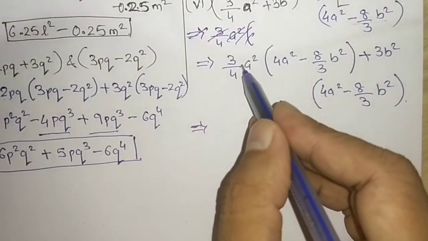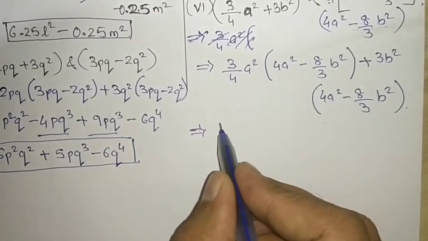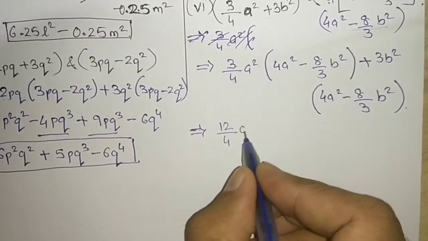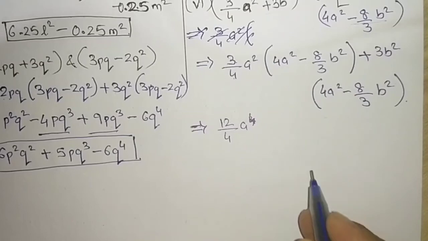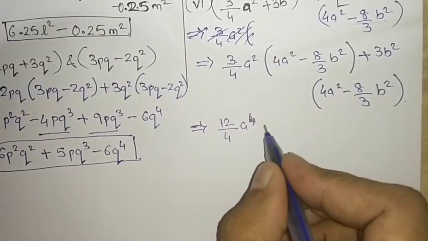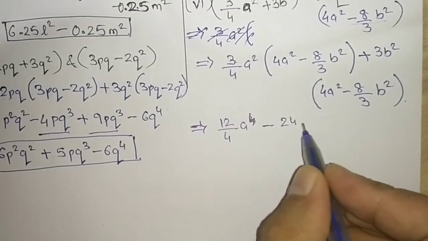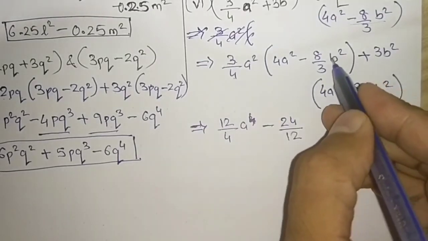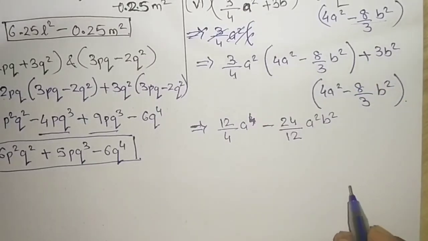Now multiplying 3 by 4 into 4 will give me 3 4s are 12 by 4 a square into a square will give me a raised to power 4. Minus into plus will give me minus 8 3s are 24 divide by 4 3s are 12, a square into b square will give me a square b square.